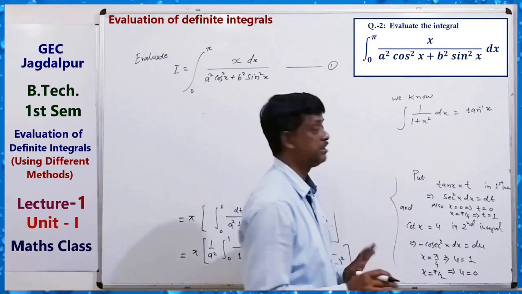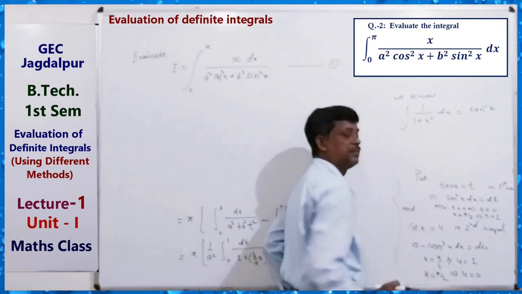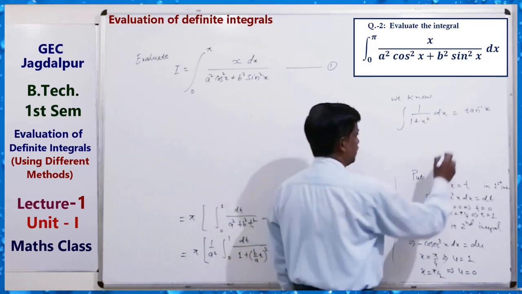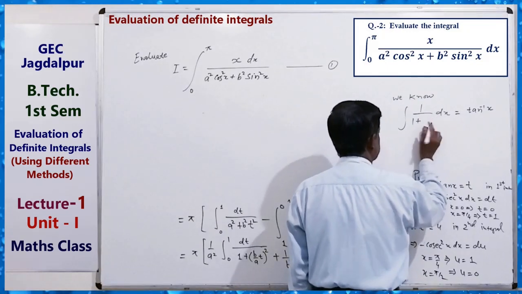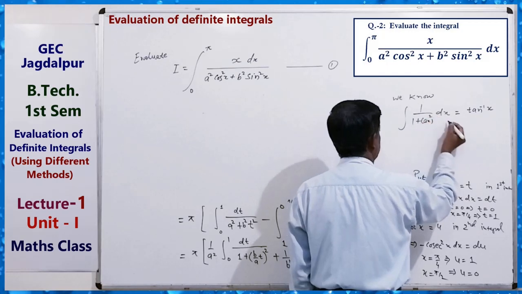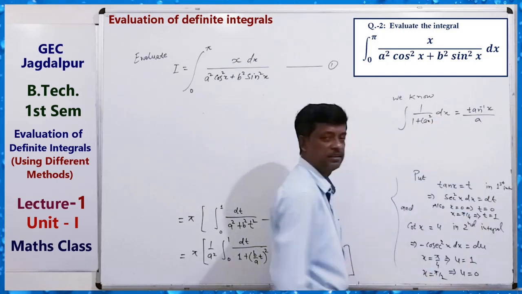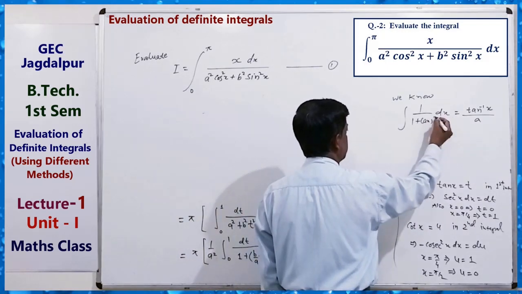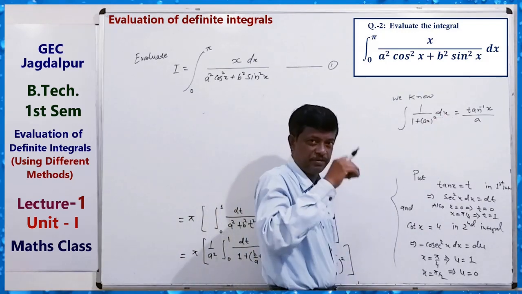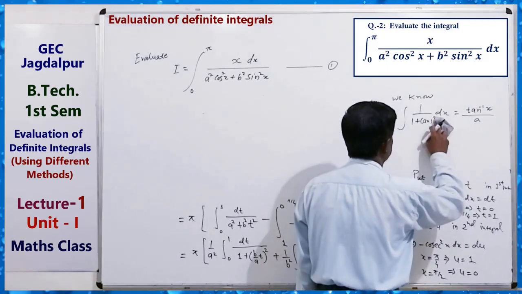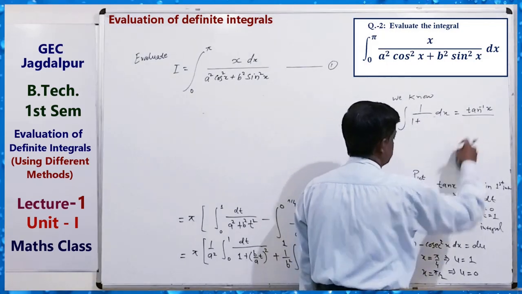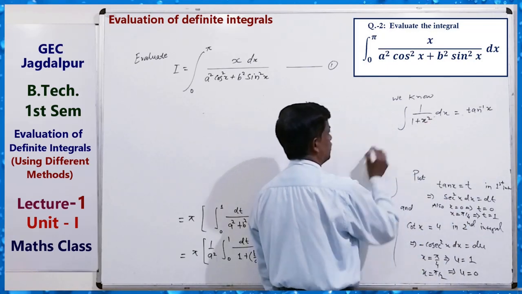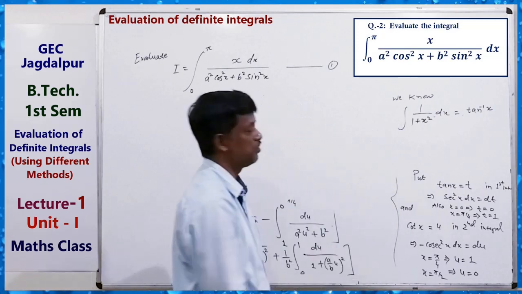But if x has some coefficient, suppose like this, a x square, then the value is divided by a. If x has a coefficient, due to the integration process, we know. So this is the main formula. We know this, so use this formula here.